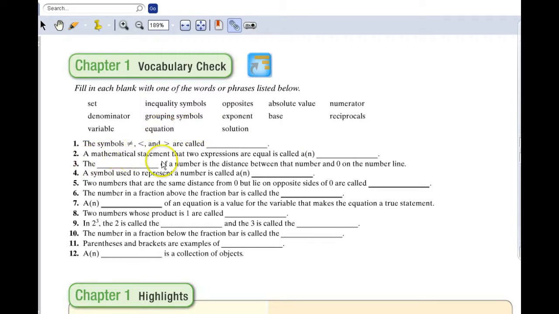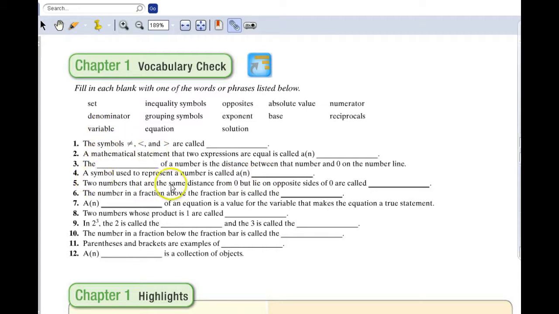The what of a number is the distance between that number and 0 on the number line. Well, we said that was its absolute value. And since these were, in a sense, counting numbers, they're always positive. The symbol used to represent a number is called a variable.